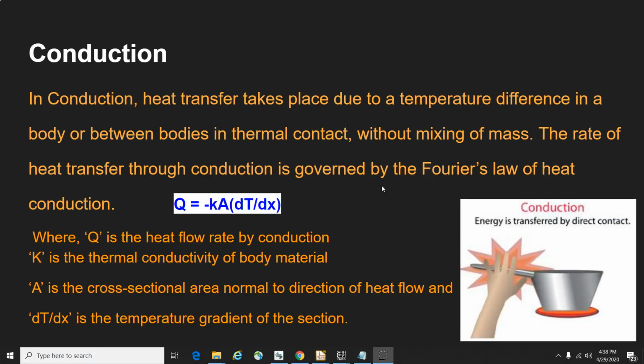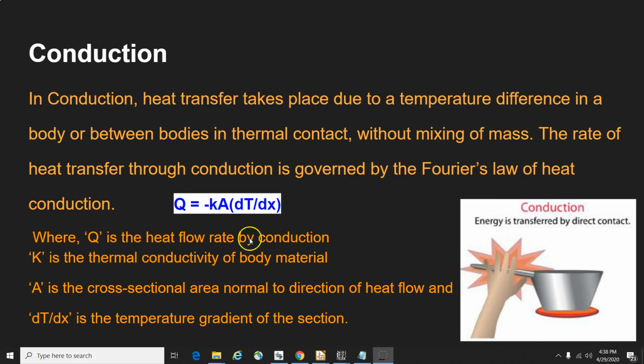Now this slide talks about conduction, and it says in conduction, heat transfer takes place due to a temperature difference in a body or between bodies in thermal contact without mixing of mass. The rate of heat transfer through conduction is governed by Fourier's law of heat conduction.